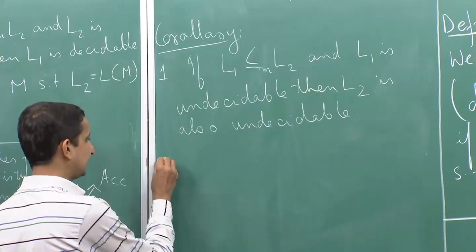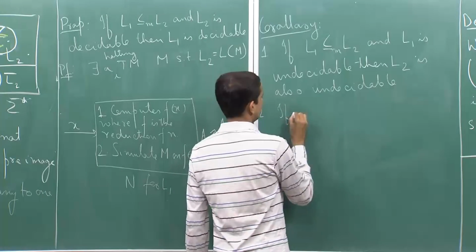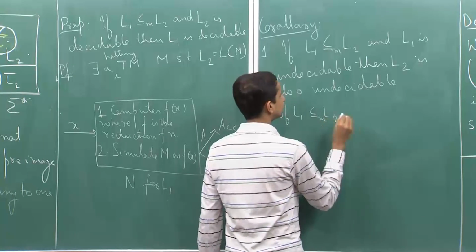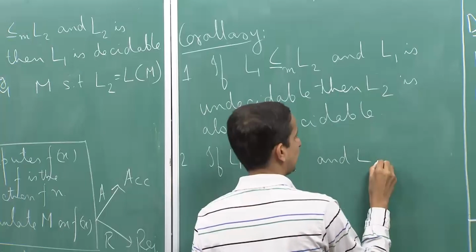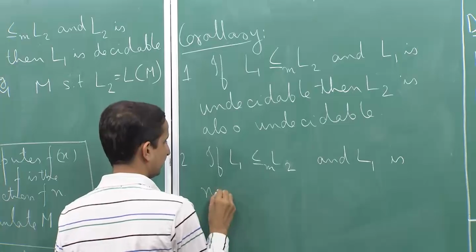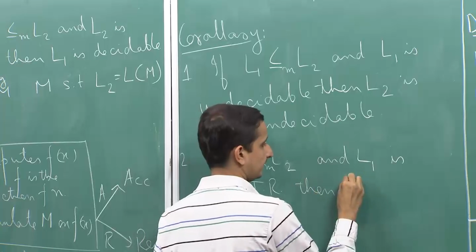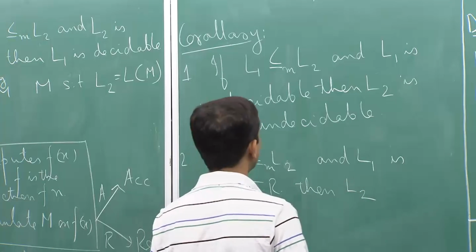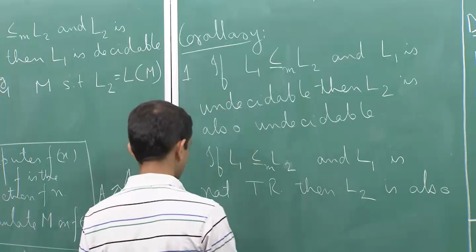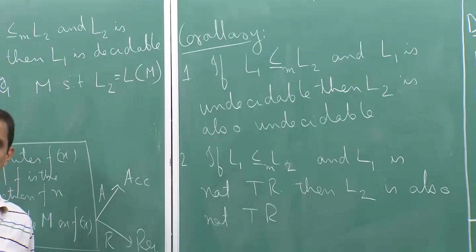A technique similar to what I have described here can be used to show that if L1 reduces to L2 and L1 is not Turing recognizable, then L2 is also not Turing recognizable.